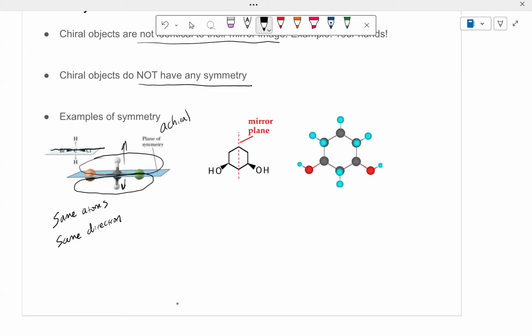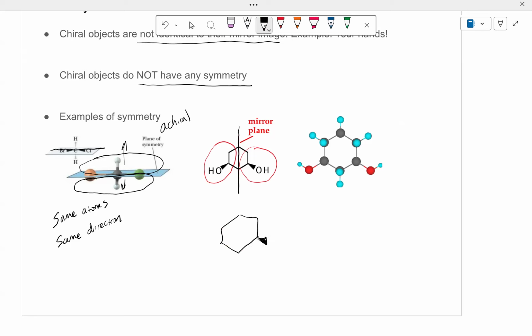Or this example here, if I cut this ring down the middle like this, I see on one side there is that group. I have the identical group on the other side, and all of the atoms are equal. There's no difference. And they're also going in the same direction. Now let me contrast this. I'm going to change this just ever so slightly.